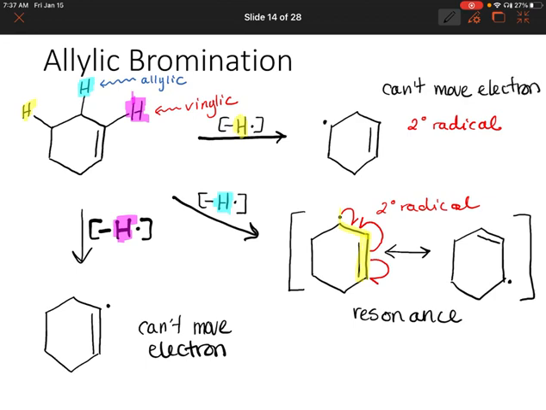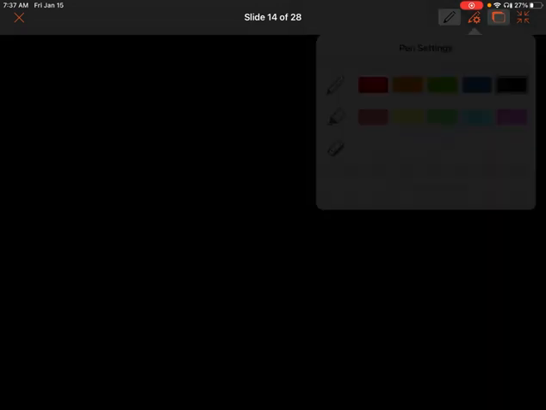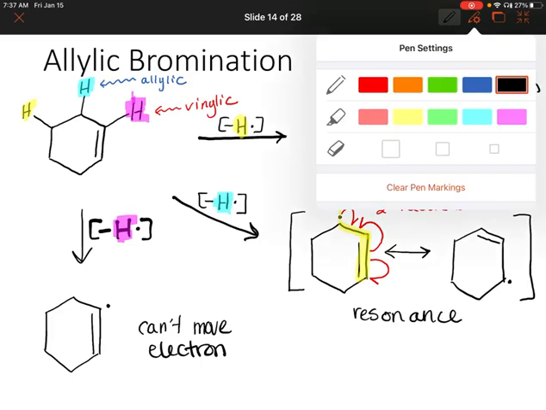Okay, so which of these is the most stable? The one with the resonance structures. Oops, sorry, I hit my blank screen.